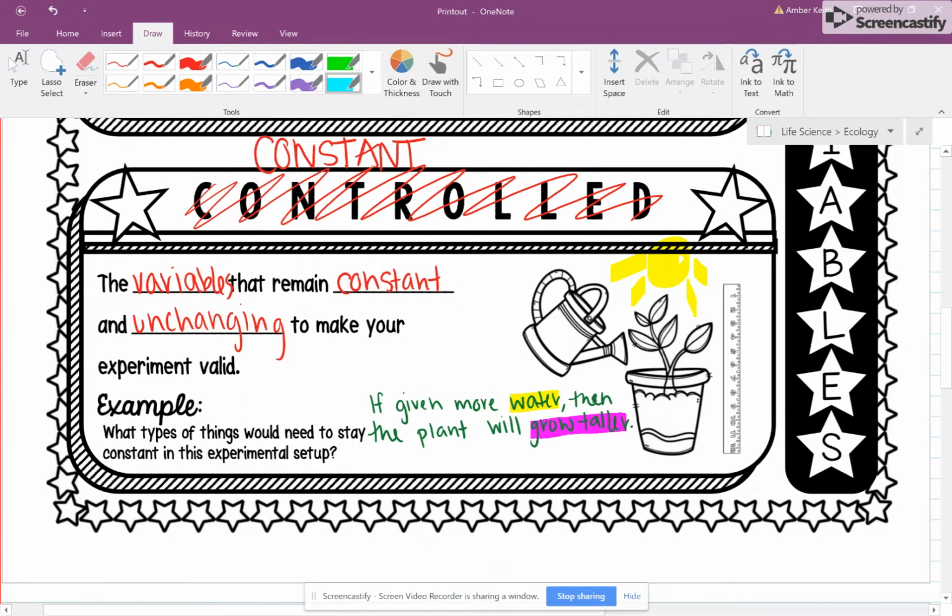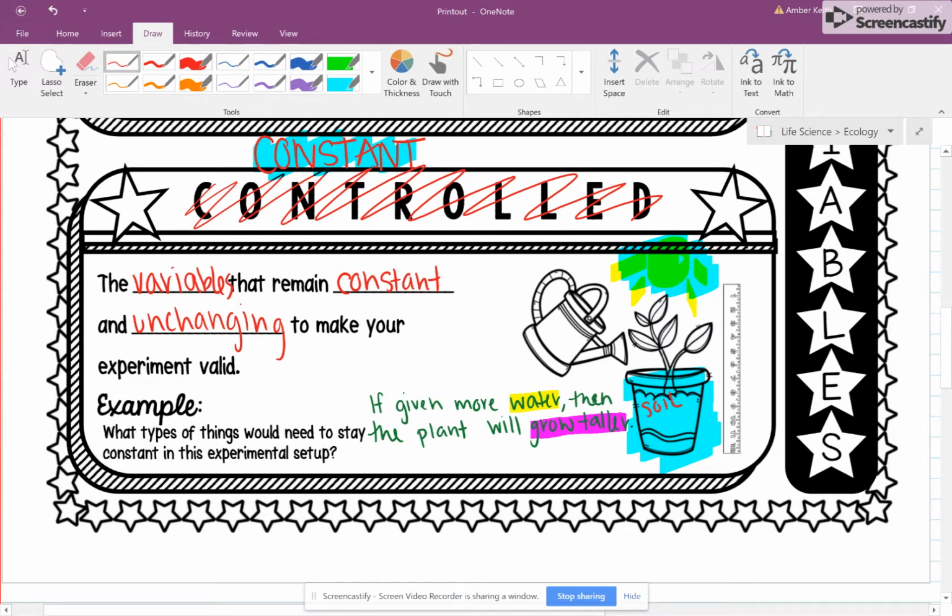So with that, let's mark these in, let's pick a fun color. Let's do blue. So we're going to mark our constant variables in blue. So our sun, this is not going to look pretty, but our sun is a constant variable when our independent variable is the water. It is also not only the soil, but the pot size. So I'm going to specify that.